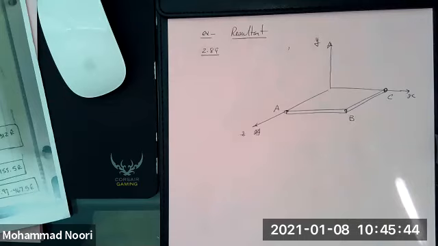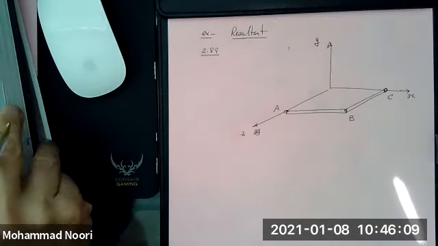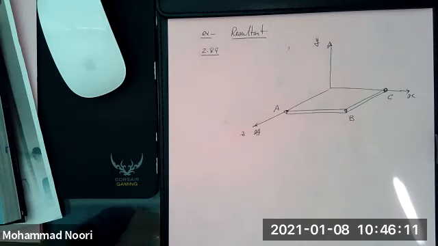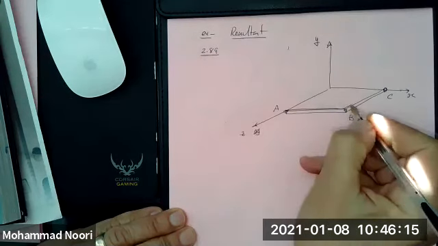problem 289. Okay, let's see. 289 here. Okay, here is a problem. In fact, this is a pipe system, something like this.